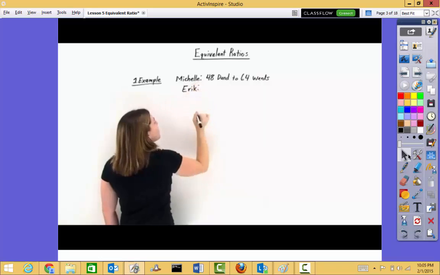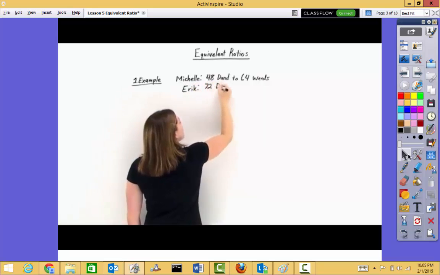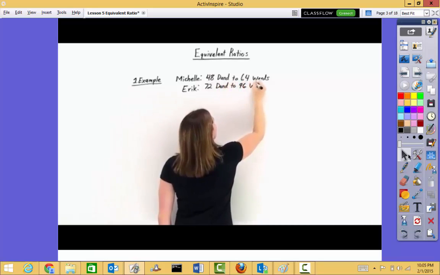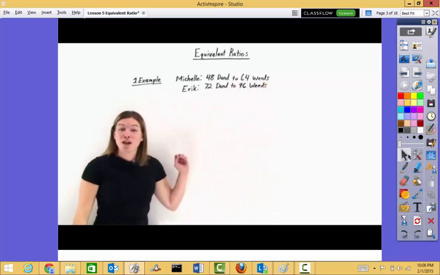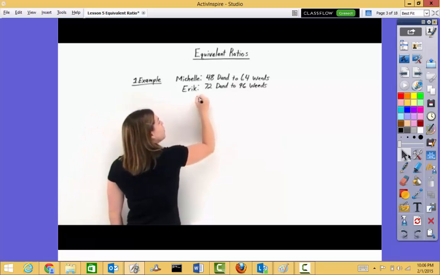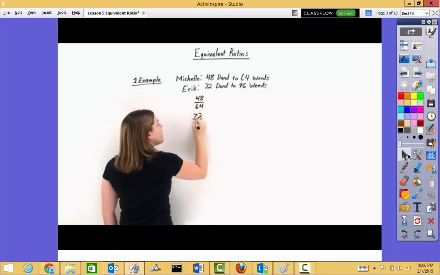Let's take a look at that. According to our problem, we would have this ratio: 72 dandelions to 96 weeds. Now to get an even better picture of these ratios, let's write them as fractions. So Michelle's fraction would be 48 over 64. And Eric's fraction would be 72 over 96.